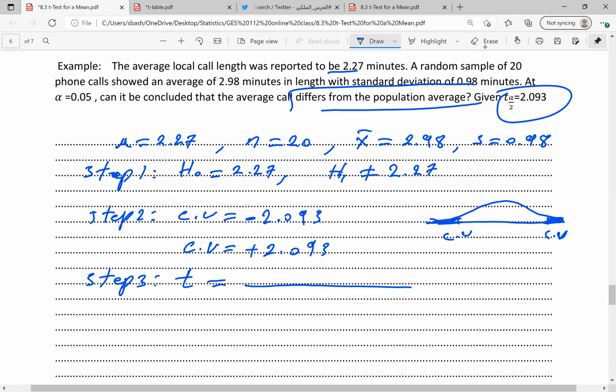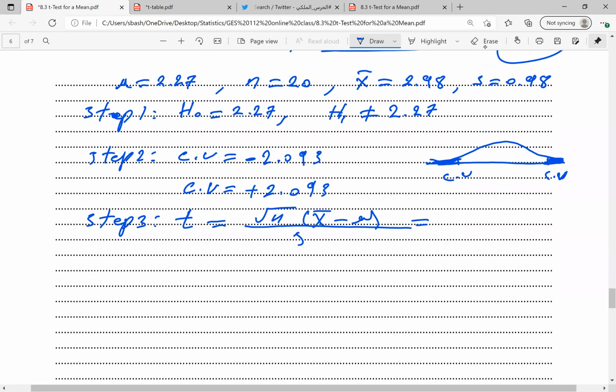Again, this is square root of n multiplied by x bar minus mu divided by s, which is equal to square root of 20 multiplied by x bar, which is 2.98, minus 2.27, divided by s, which is 0.98.